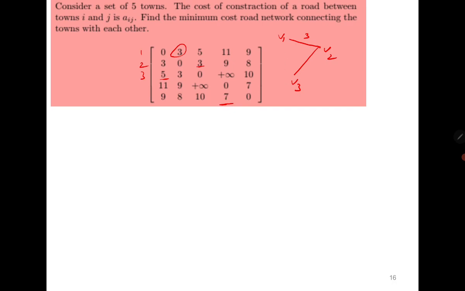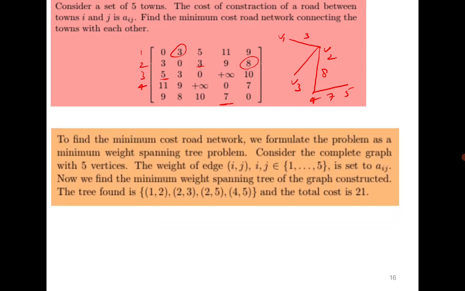If I add V31, it forms a cycle. So I cannot use 5. It means I have to go to 7. So 7 means V45, which gives me 7. Still I need one more edge and the minimum weight is 8, which is V25. So I add V25, and that gives me the required minimum weight spanning tree, which is what I am looking for in this question.